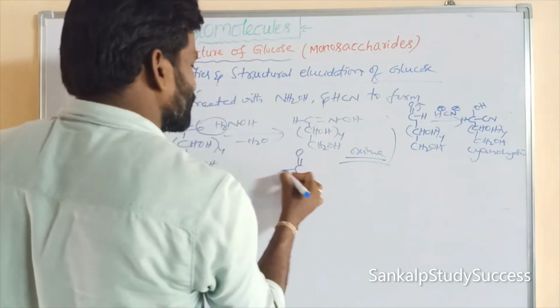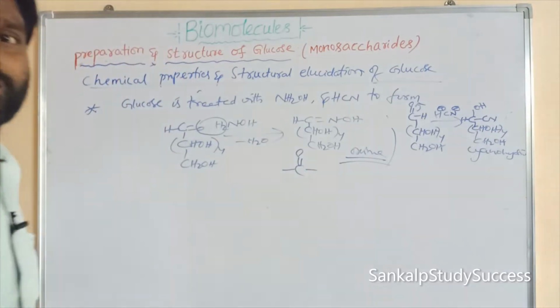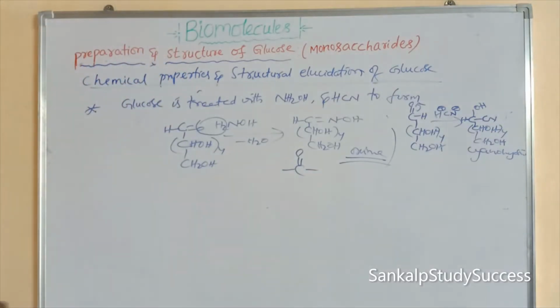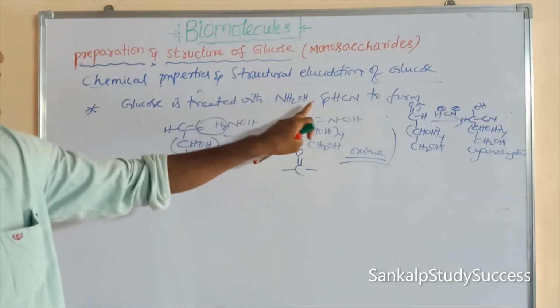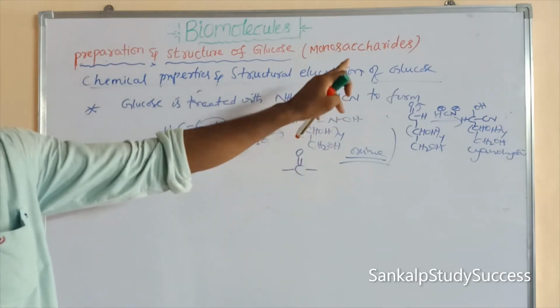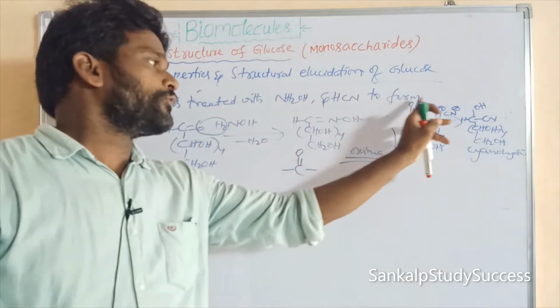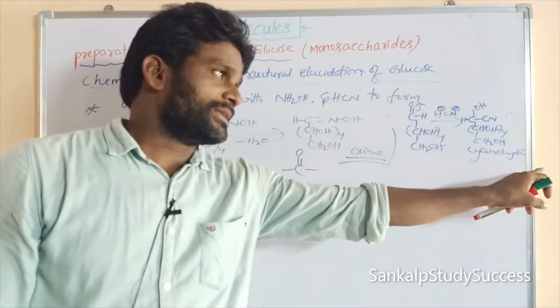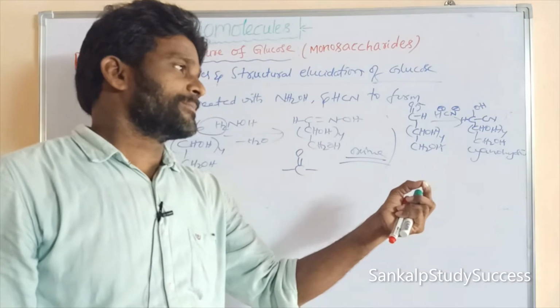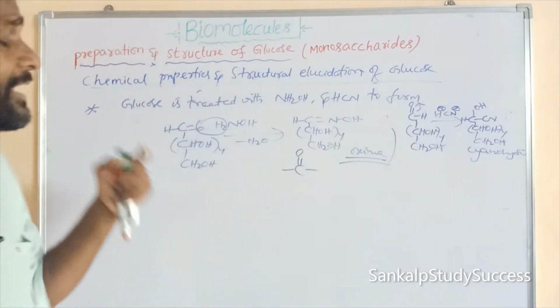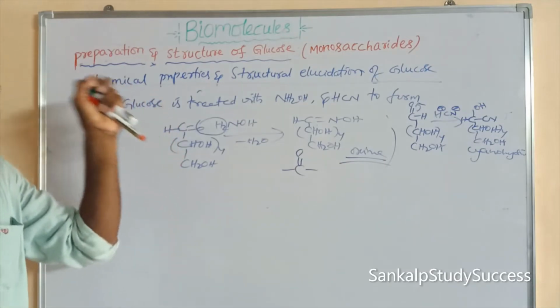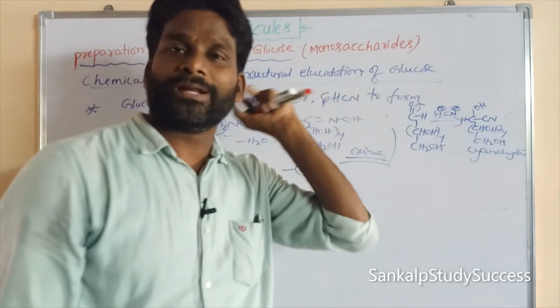C double bond O group is said to be the carbonyl group. So these two reactions suggest that glucose must contain a carbonyl group. Why? Because this type of test is given only by the carbonyl group.